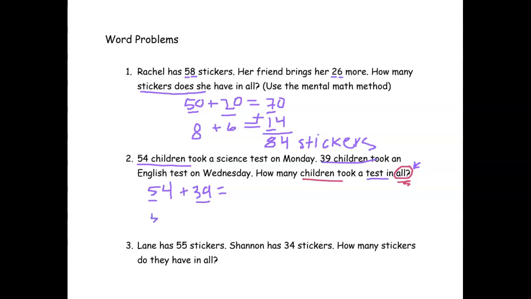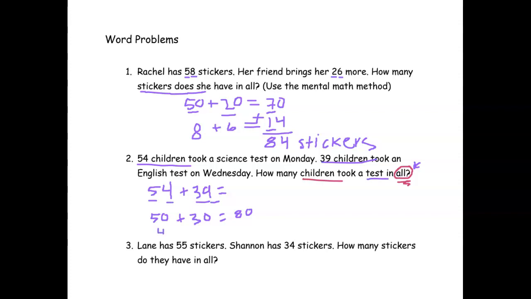That equals 50 plus 30, which equals what? She said 80, that is correct. 80. Okay, now 4 and 9 are in the ones place.